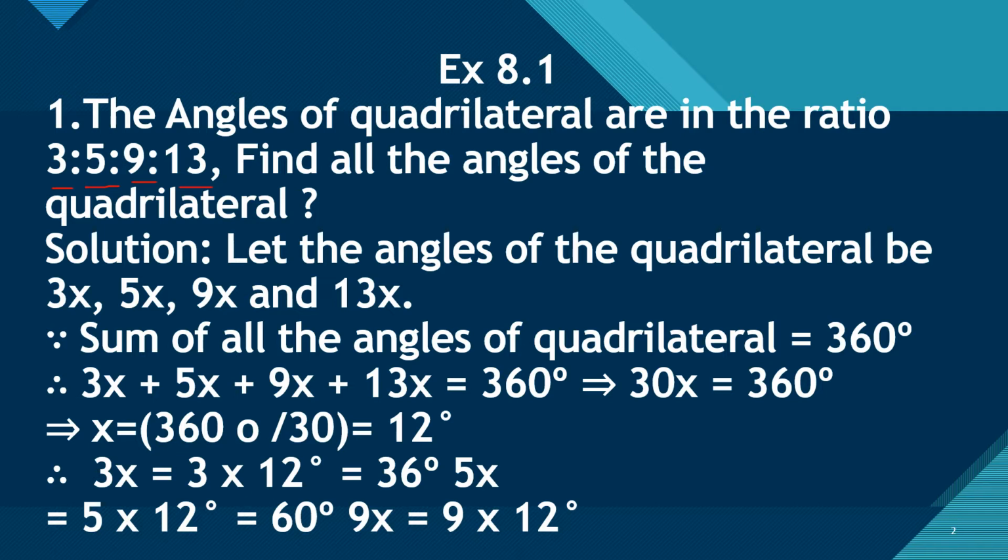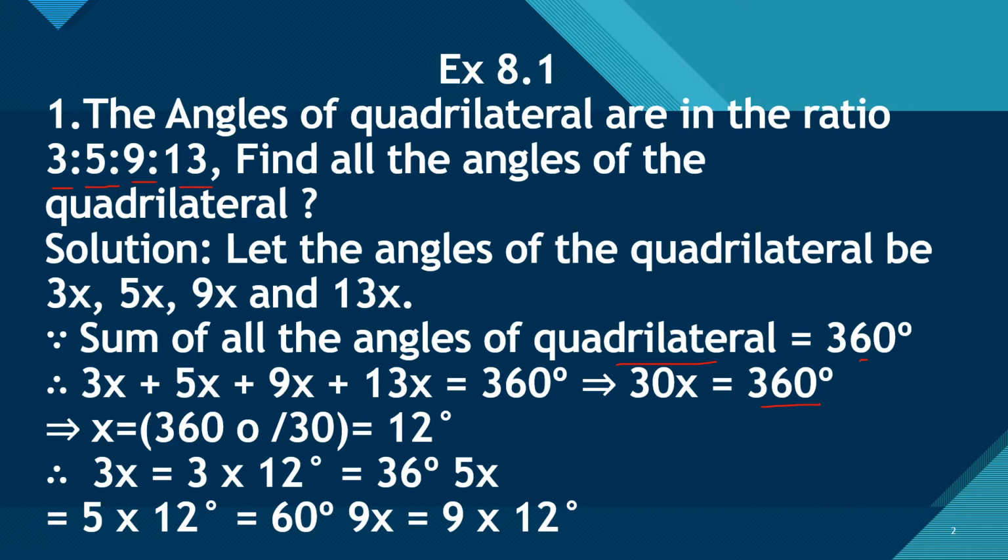So, 30x is equal to 360 degrees. We all know that the sum of all the angles of a quadrilateral is 360 degrees. So, x is equal to 360 degrees by 30, which is equal to 12 degrees.